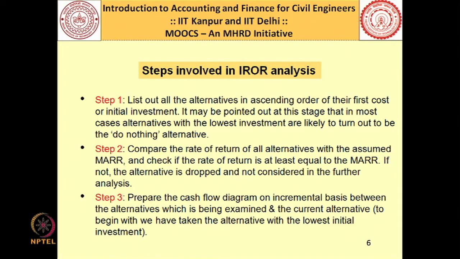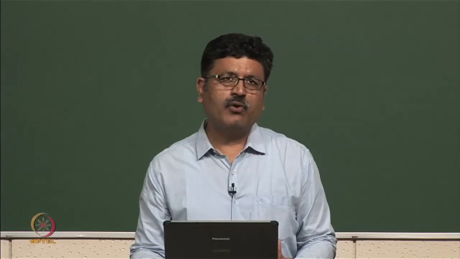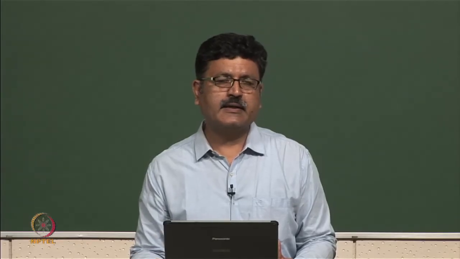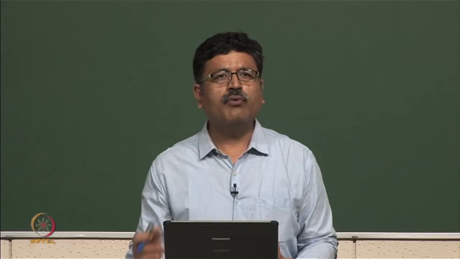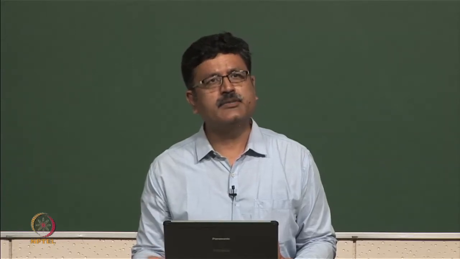Now, having done this preliminary screening, now what I do, I compare the least investment option with the next higher investment option, and I prepare a cash flow diagram, what we call the incremental cash flow diagram. In that I see what is the benefit that I am getting by investing extra sum of money over and above the least investment option.